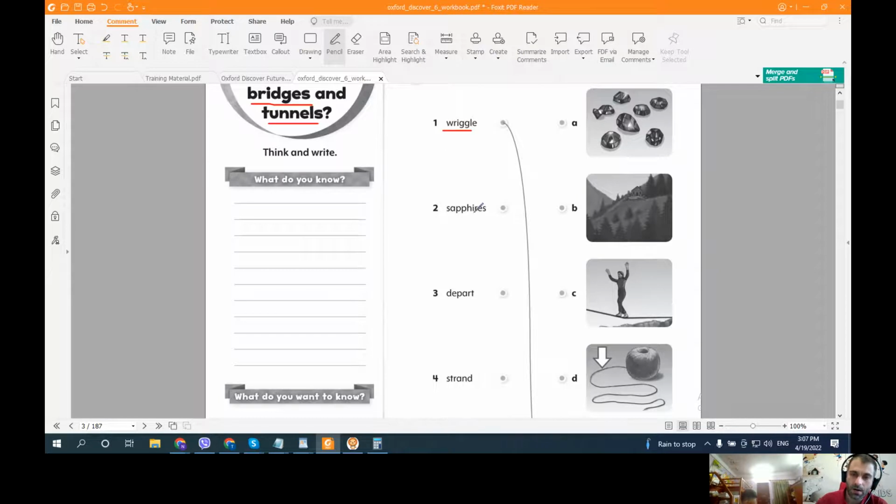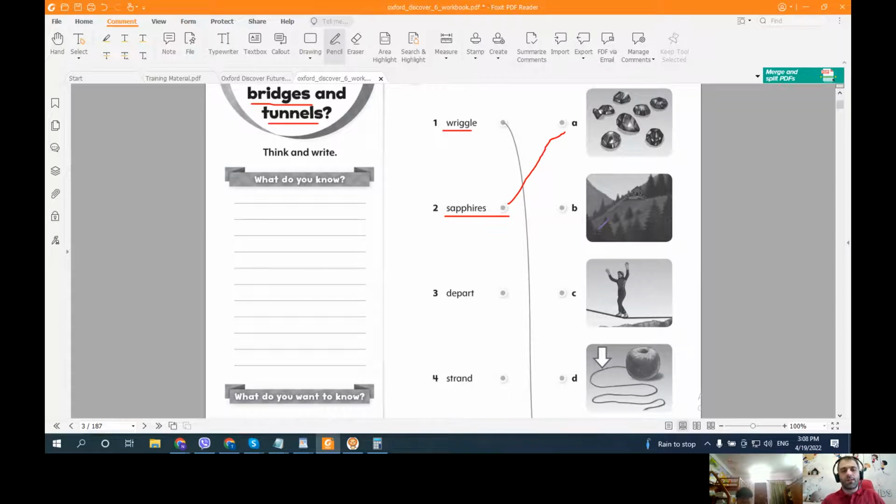Okay, now number two. What is number two? Number two is a sapphire. Sapphires. It's a kind of special rock. Okay. And what do you know about sapphires? They are kind of expensive.